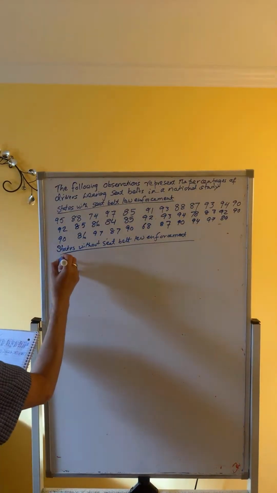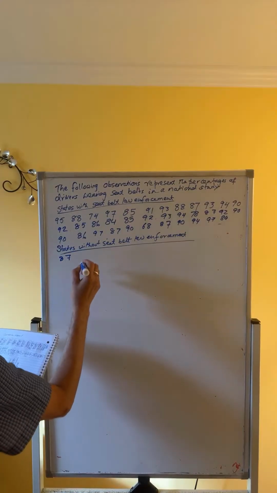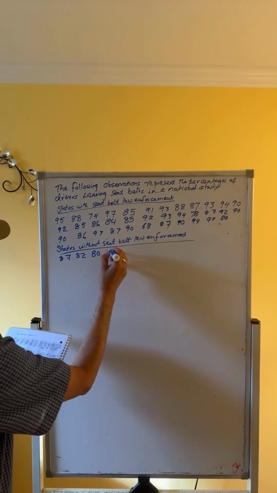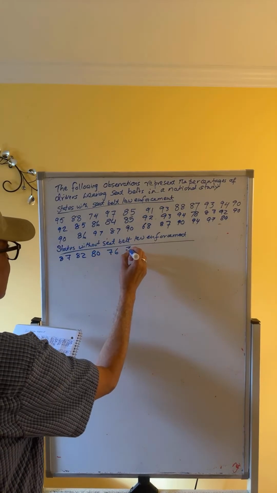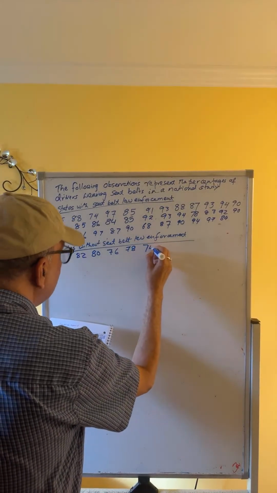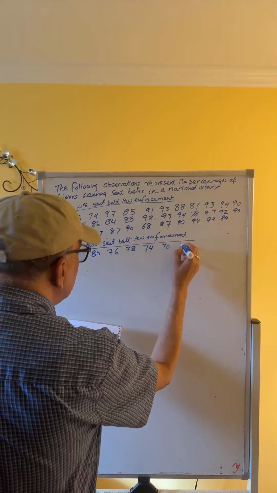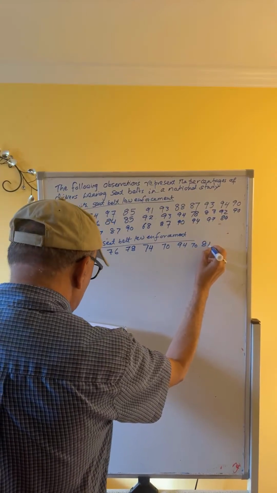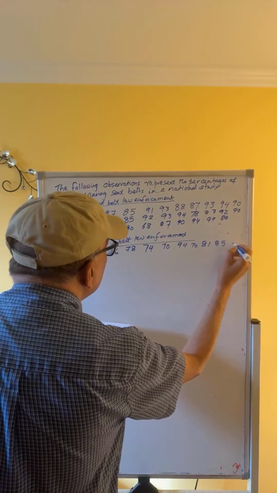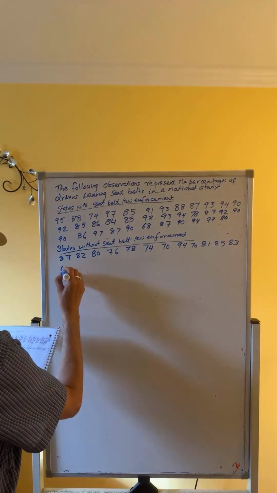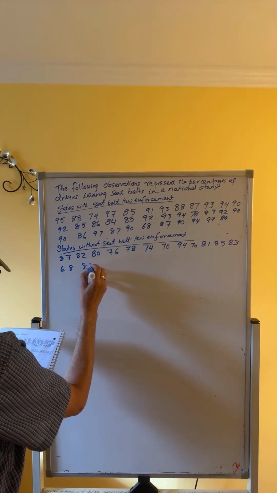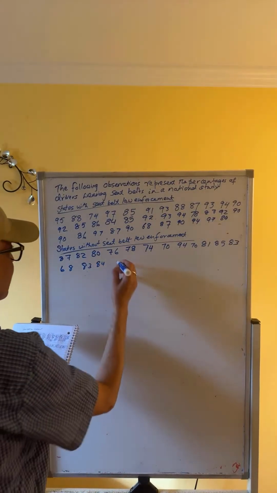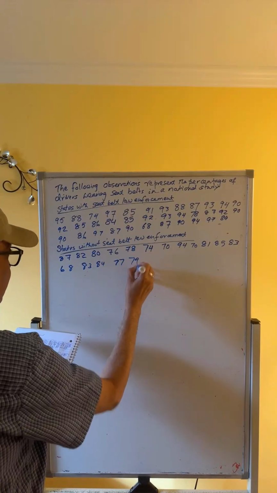Okay. 87, 82, 80, 76, 78, 74, 70, 94, 70, 81, 85, 83, then 68, 83, 84, 84, 77, and 79. Okay.